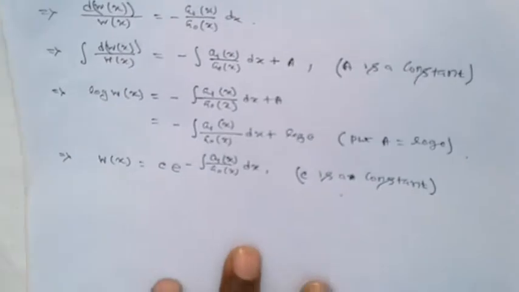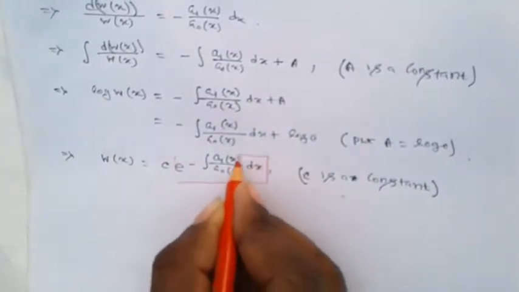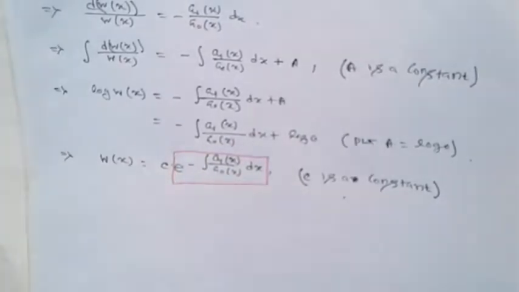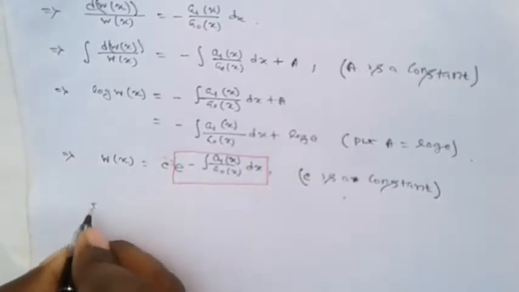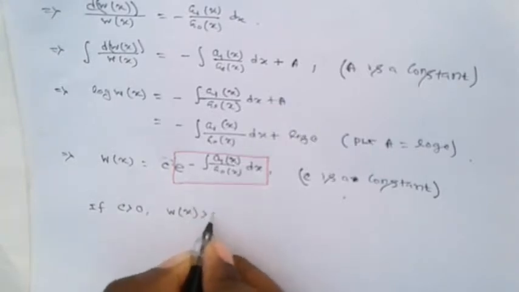Now this exponential term is always positive, so the sign of this Wronskian depends on this constant c. If c is greater than 0, then the Wronskian is greater than 0.